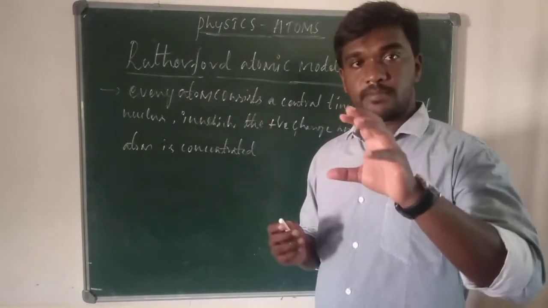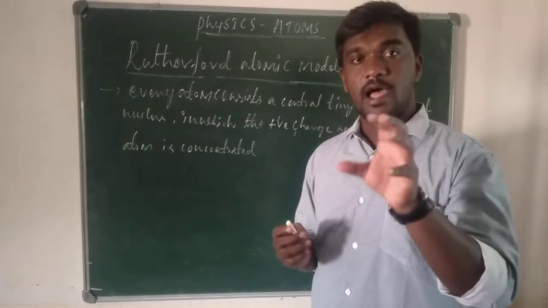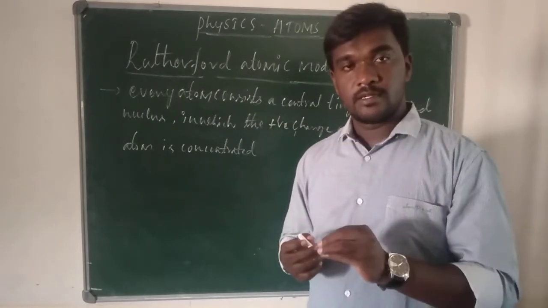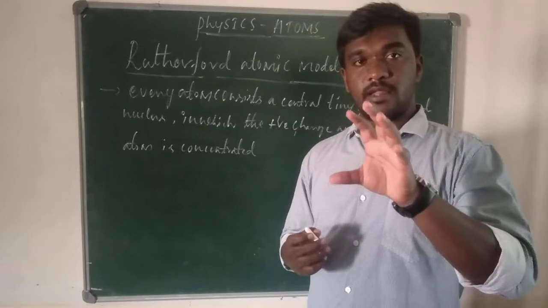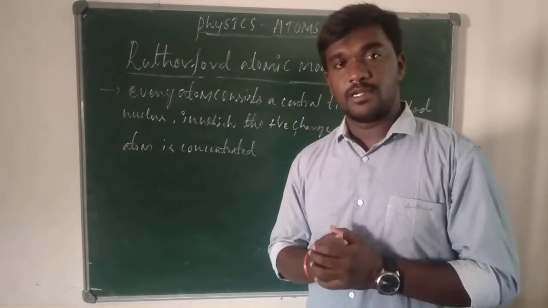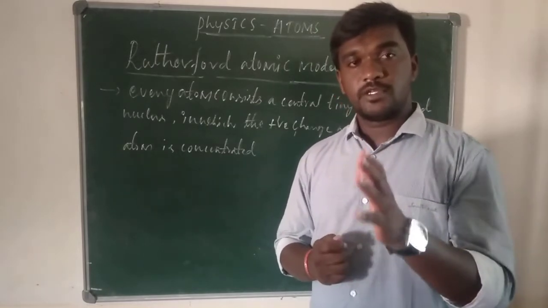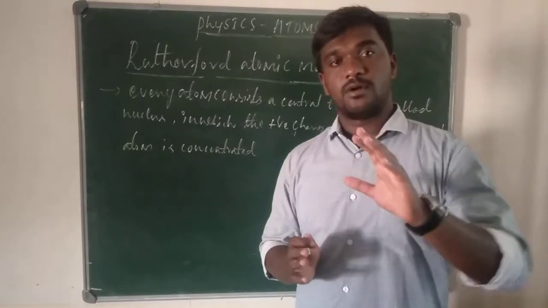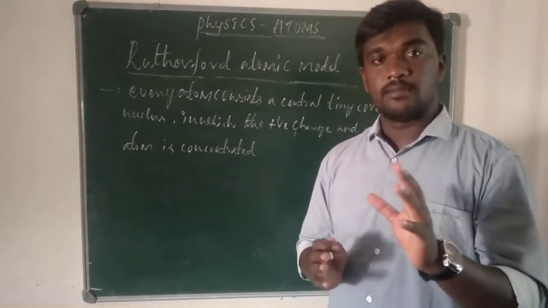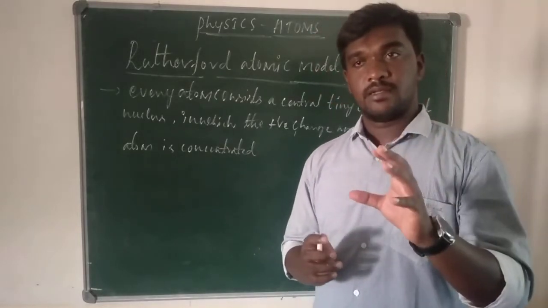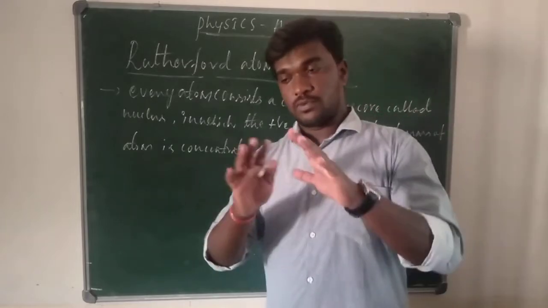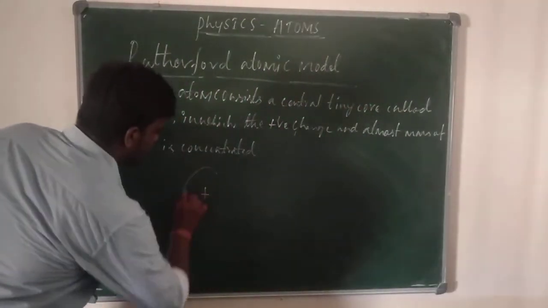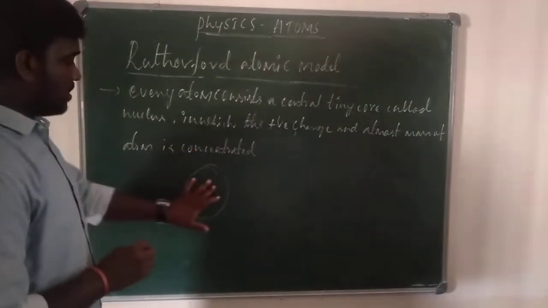The central tiny core is called the atomic nucleus, in which the positive charge and almost the entire mass of the atom is concentrated.